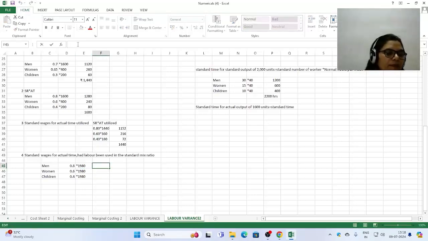Then we will take 600 divided by 2200. Next, we will take 400 divided by 2200.